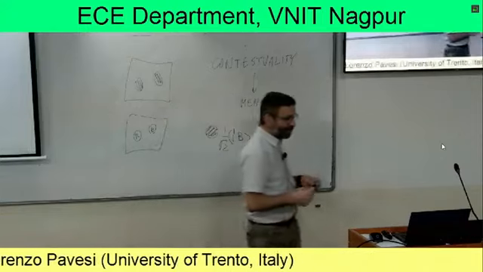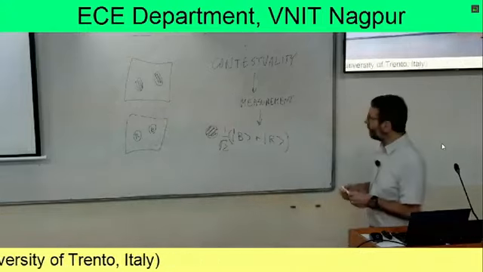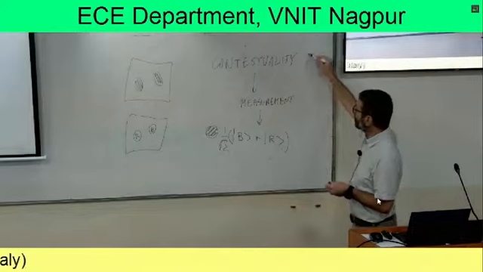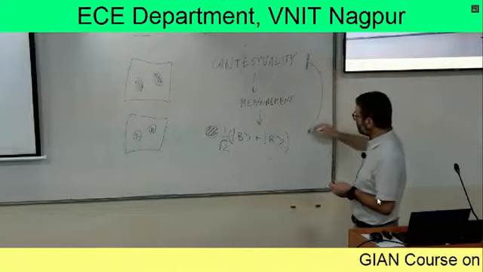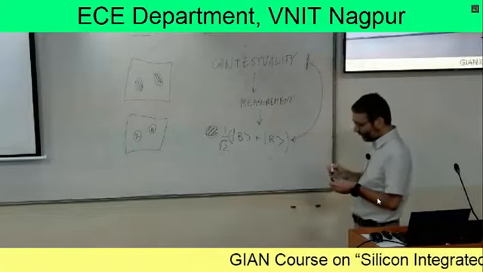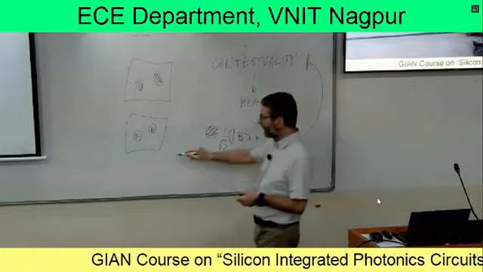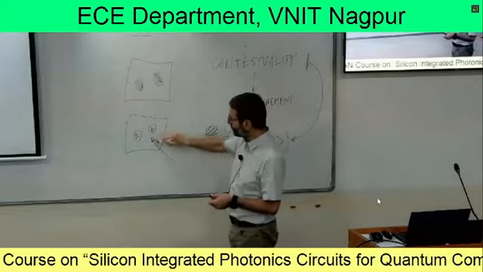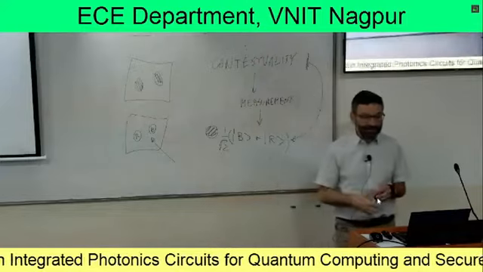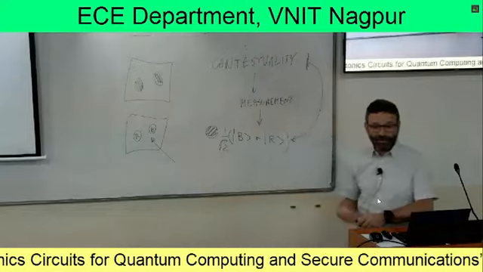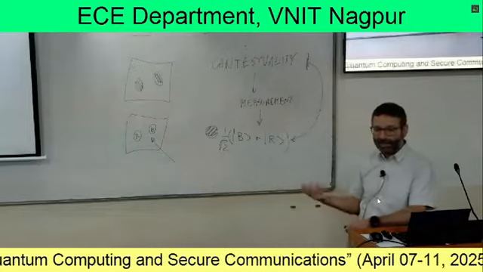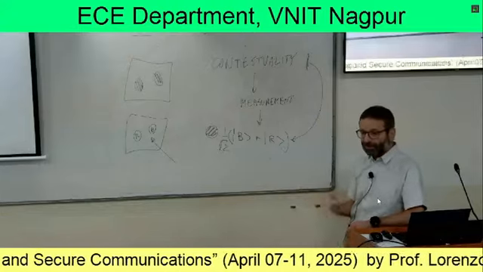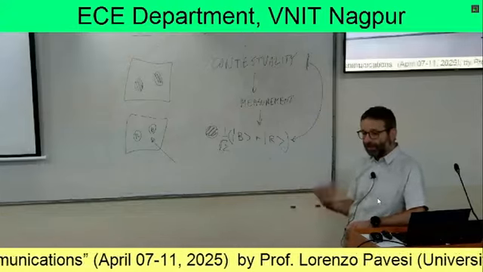This is a very important property of quantum mechanics that differs substantially from what happens in classical mechanics. Einstein was not happy with this. Einstein was saying that quantum mechanics is an imperfect theory because it's not able to describe how nature works.